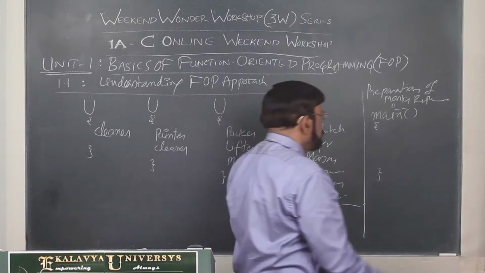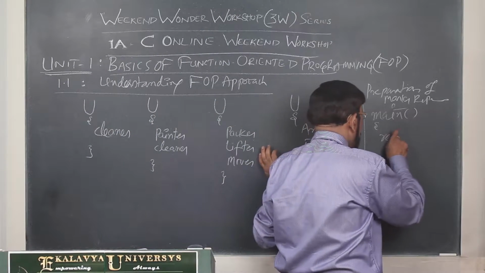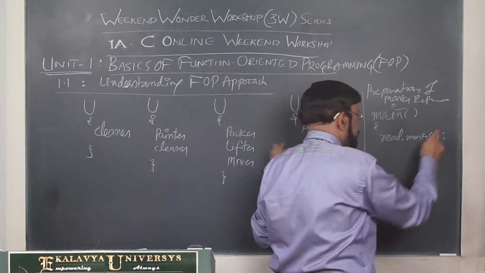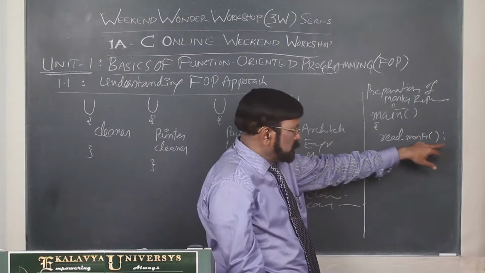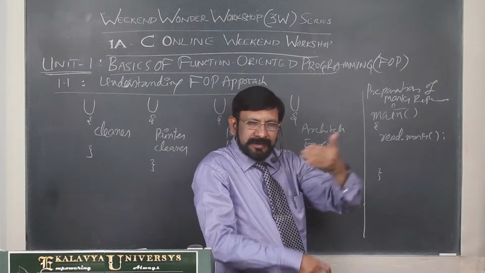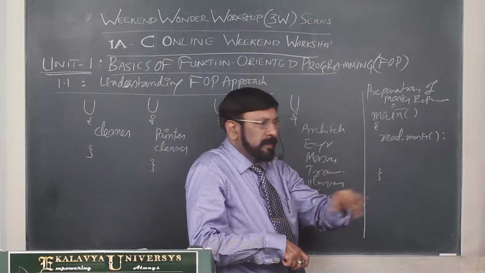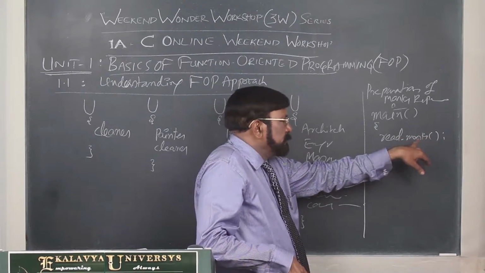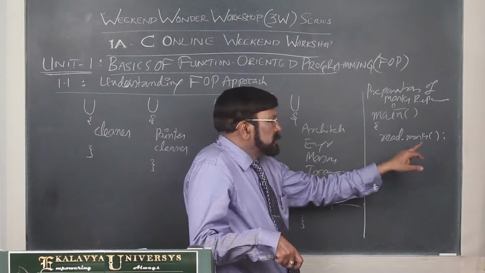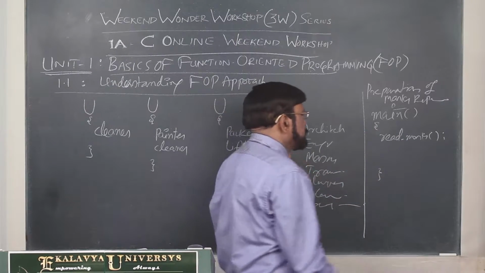So simply, now you see: read marks. This is a function. Whatever marks you get in 5 papers or 6 papers, it reads. That means it takes them from the keyboard and stores them in the computer memory. Taking from the keyboard is called the reading process.